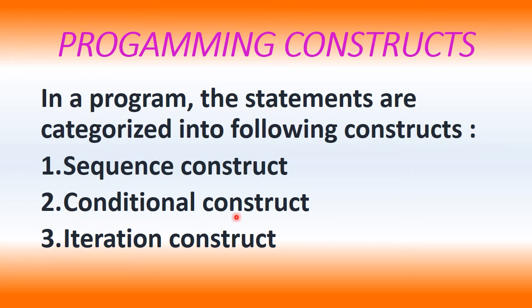Next one is the conditional construct. Third is the iteration construct. One by one we will see these types of constructs. We already discussed these programming constructs in the previous class. Now again we will revise these constructs.